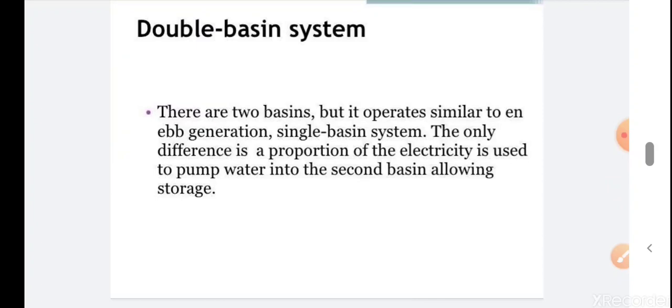In this, the second basin is filled with water which is pumped from the first basin in the case of the high tide, and in the neap tide or ebb current system, the water will flow from the second basin into the first basin and from the first basin into the sea and generate electrical energy.